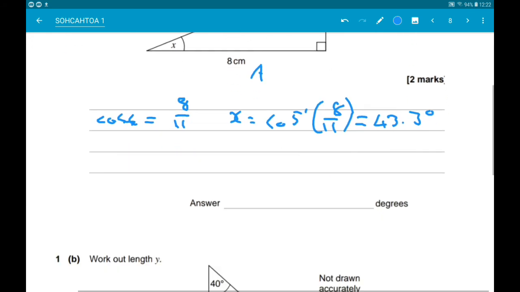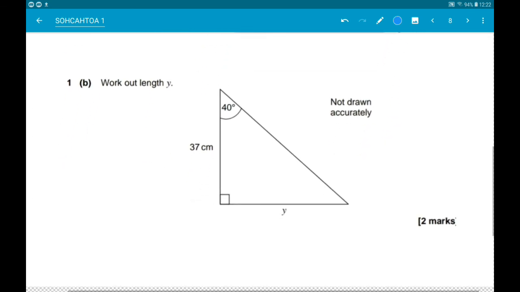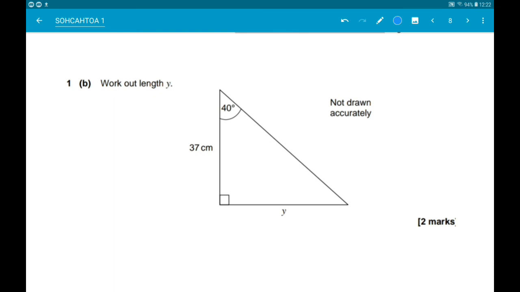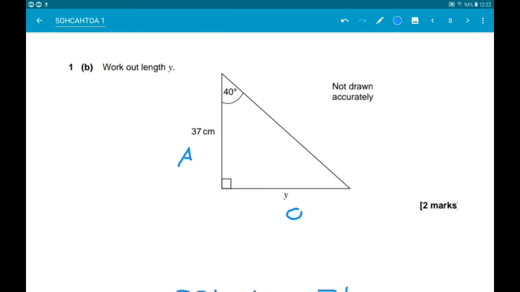Okay then, part B. Work out the length y. Okay, so with respect to the angle, y is the opposite. And the 37 one is the adjacent. So, no CA, no SO, TOA, bingo. So, TOA tells us tan 40 is y over 37.